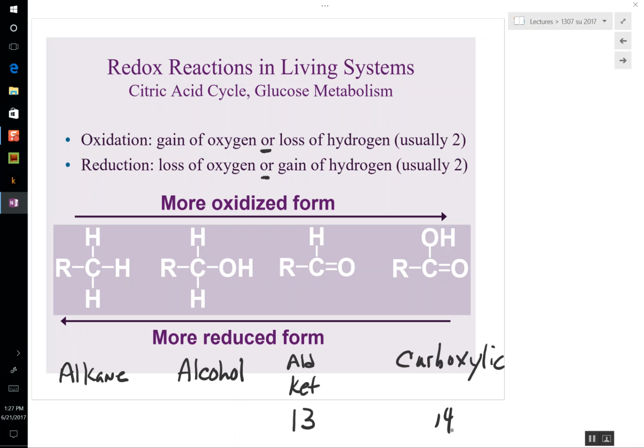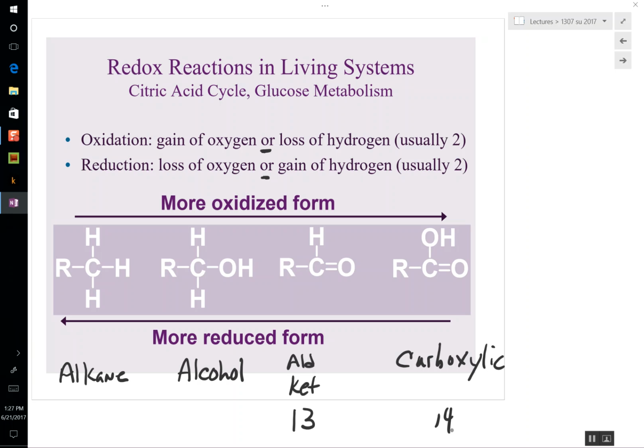We only have 1 oxygen on this aldehyde or ketone. This happens to be an aldehyde. But what did we do? We lost 2 hydrogens. See that? Loss of 2 hydrogens, so that's oxidation. Going from an alcohol to an aldehyde is oxidation. The organic molecule is in a more oxidized state than it was as an alcohol.